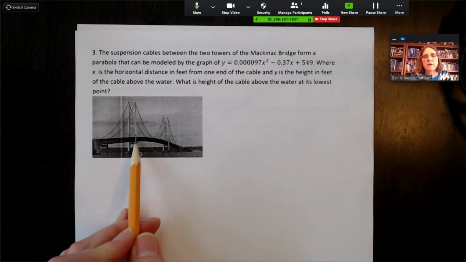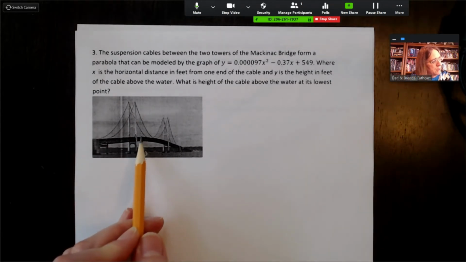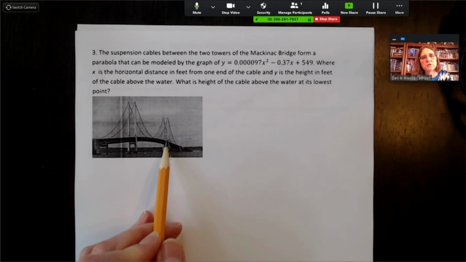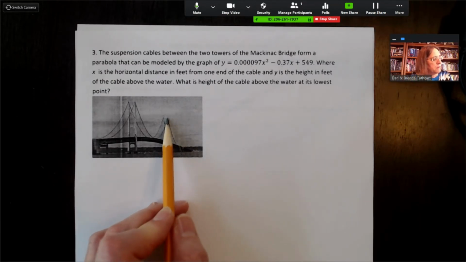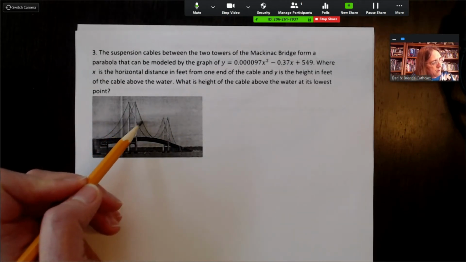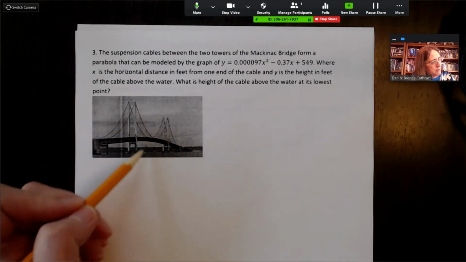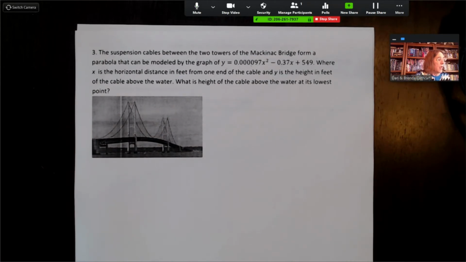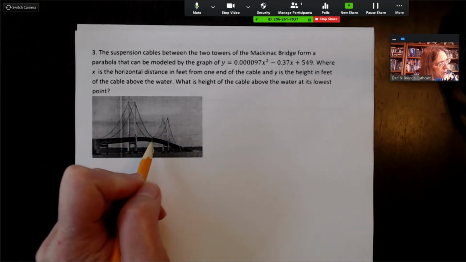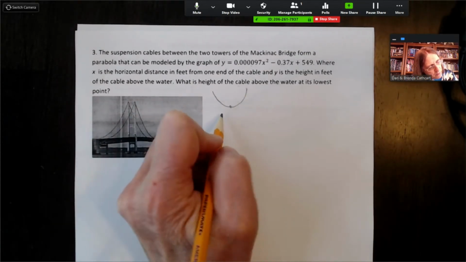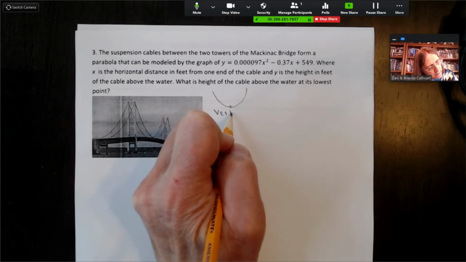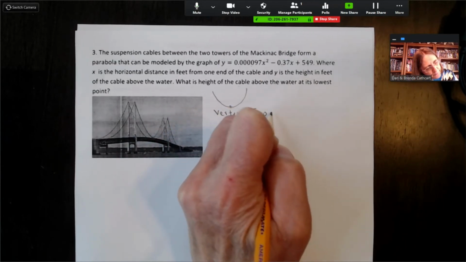So if we start at this end, that would be x equals 0, and we move along the bridge till I get to the x value where the cable is suspended on the other tower. And the height is how high the cable is from the water. Our question is, what is the height of the cable above the water at its lowest point? Well, the lowest point is right here, so the lowest point is going to be the vertex of the parabola.